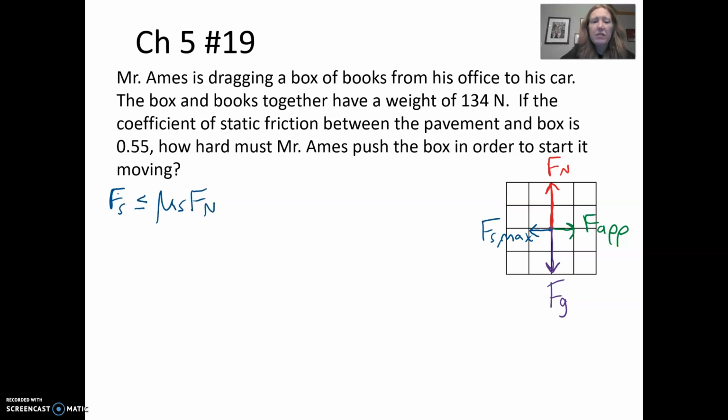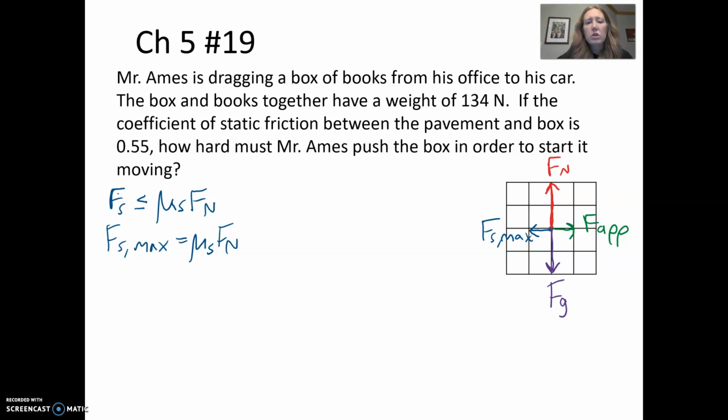But if I know that I'm at the maximum, then I'm basically saying, hey, I don't need the less than sign. I know I'm at the biggest number that can possibly be. Okay, so this is what I'm looking for, and once I know that, anything bigger than that, as long as Mr. Ames pushes harder than that, then the box will start to slide.